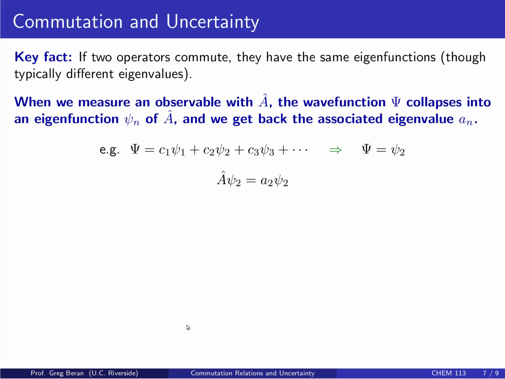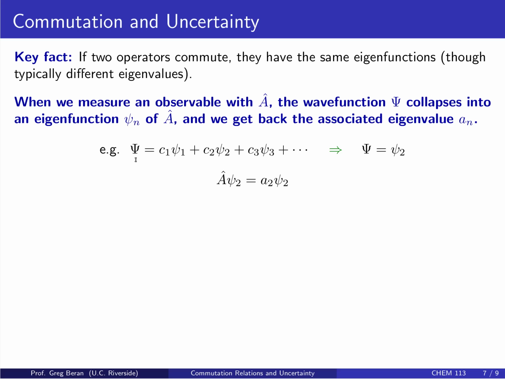That state capital psi probably isn't initially an eigenfunction of a, but when we measure it, we force the wave function to collapse into one of the eigenfunctions of the operator a. We can call those eigenfunctions lowercase psi. And we're going to get back the associated value of the observable, that is the eigenvalue little a sub n corresponding to the particular eigenfunction psi sub n.